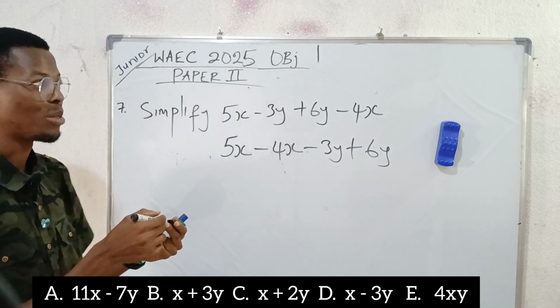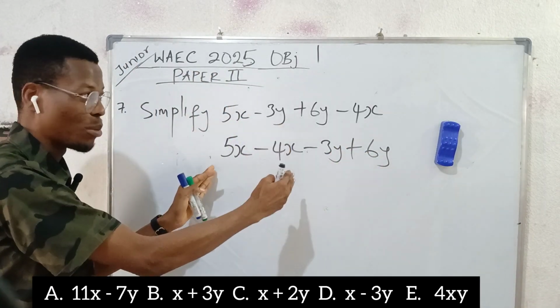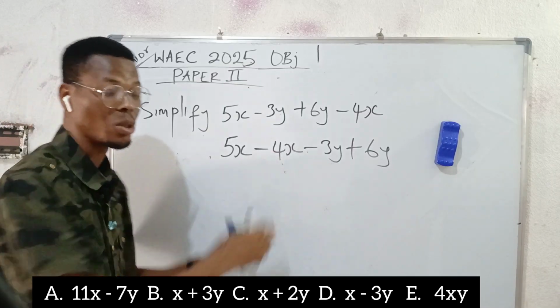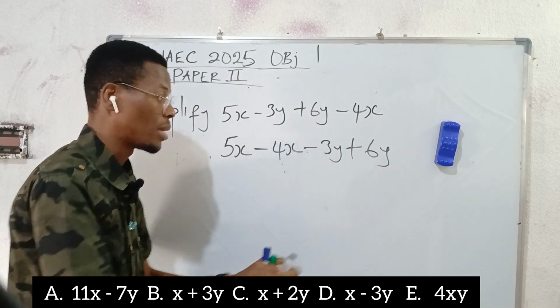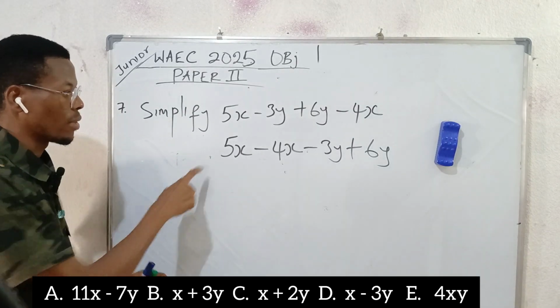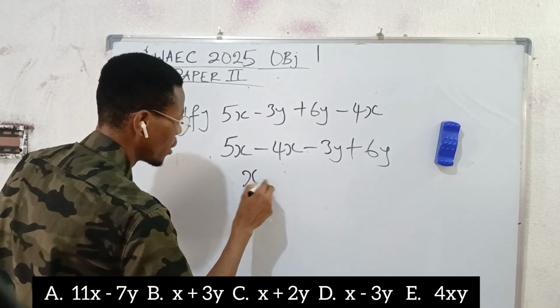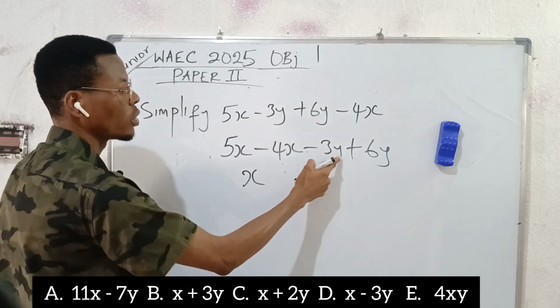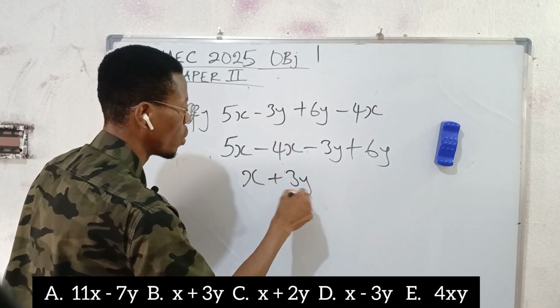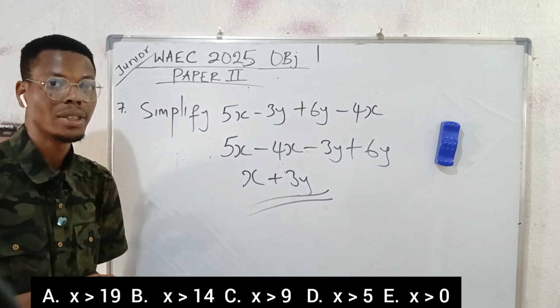Just quickly collect like terms, arranging the like terms, the ones that look alike, the x in the same place, bring them together, and then the y in the same place. And then what do we do now? 5x minus 4x gives us x, and then we have minus 3y plus 6y gives us plus 3y. So this is our answer.